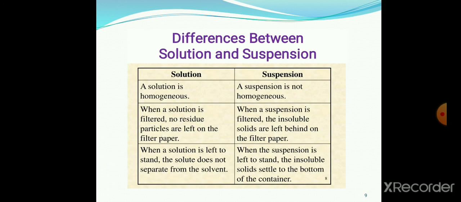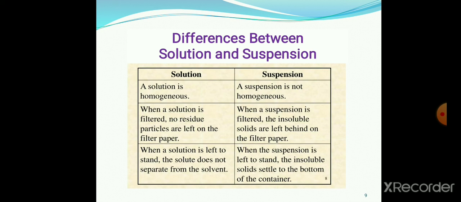Now we will see the basic difference between solution and suspension. As in the chemical laboratory, we perform different experiments, and these terms like solution and suspension are familiar to you. A solution is homogeneous. Why is it homogeneous? Because the solute gets completely dissolved and there are no solute particles suspended, hence it is a homogeneous mixture. A suspension is not homogeneous. Why is it not homogeneous?